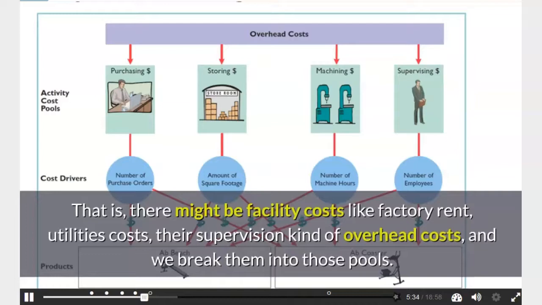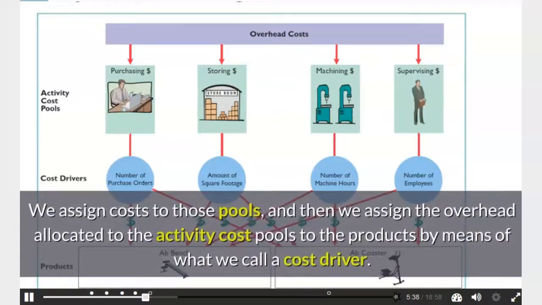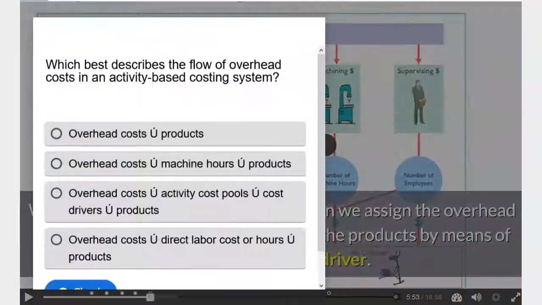And we break them into those pools. We assign those costs to those pools. And then we assign the overhead allocated to the activity cost pools to the products by means of what we call a cost driver.